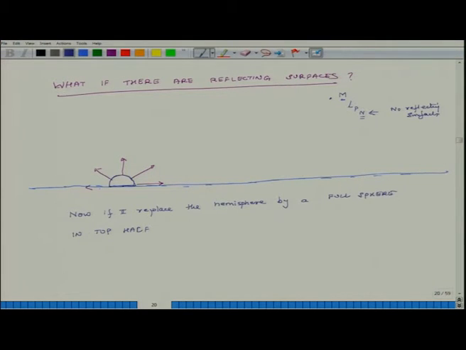Initially, right now in the top half there is only half of the sphere. Now what I am doing is I am putting the whole sphere on the top.